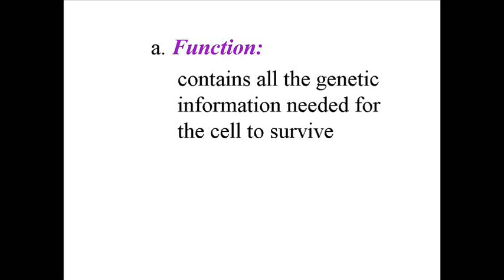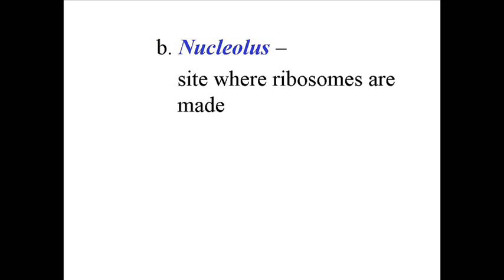As it says here, the job of the nucleus is to store all the information that the cell needs for survival. We will spend a good chunk of this year looking at what we mean by genetic information, and the bottom line, as you've heard various times this year, is that genetic information comes down to DNA.